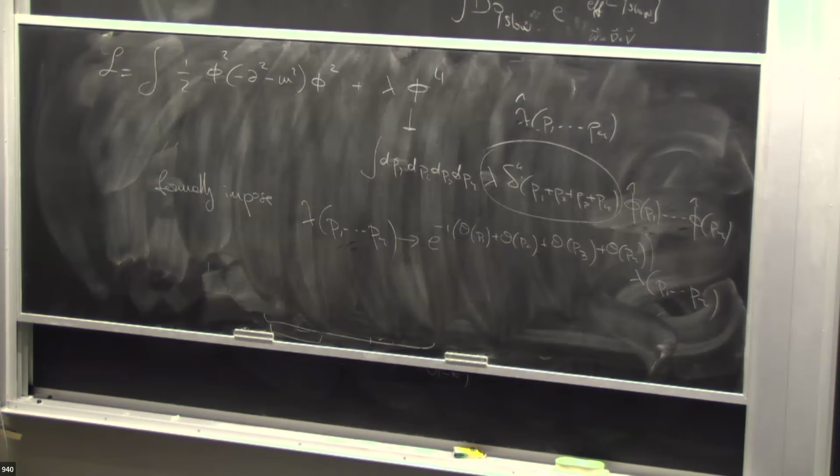And very much like before, now it's hard to argue that the 1-1 4-point vertex is small. There are two contributions. In order for that to be small, you need a cancellation like that. That cancellation can only happen at a specific value of the energy where these two compensate. But other than that, this will always be at least of the order of this, which is precisely what happened to me.